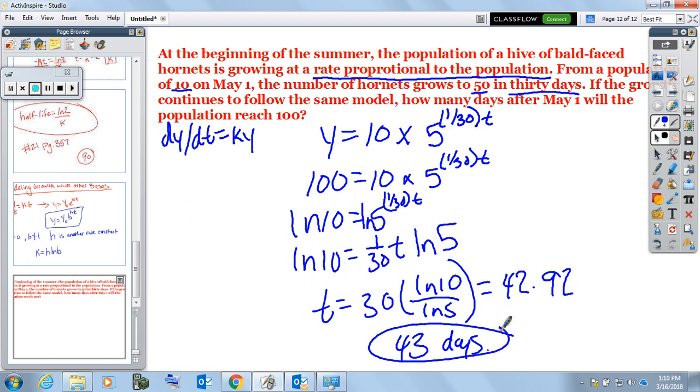So, once again, think about where we got some of this information from. We went from a population of 10 on the first, and then in 30 days, we grew by 40. So what's happening in those 30 days?